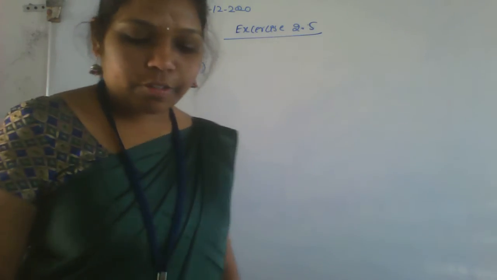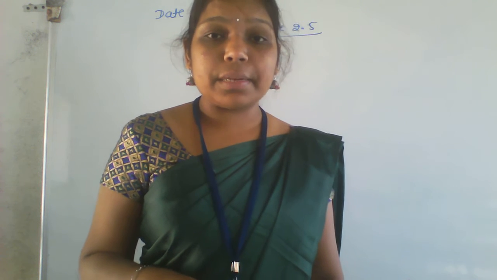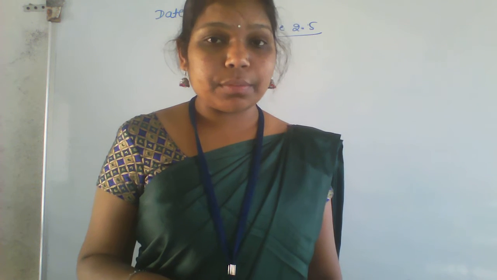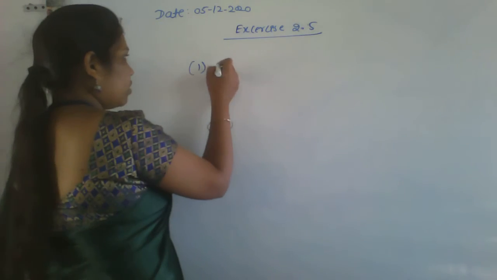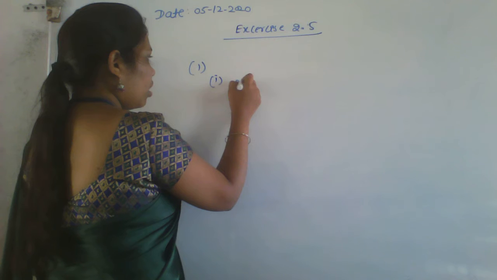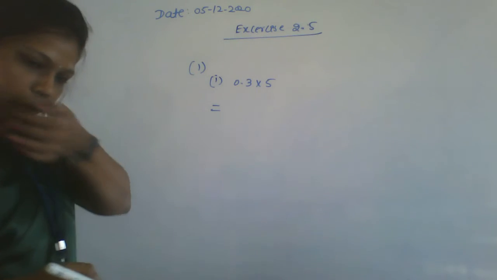First main. Find the product. Product is nothing but a word for multiplication. You know multiplication problems, right? So do the multiplication now. First one, 0.3 into 5.